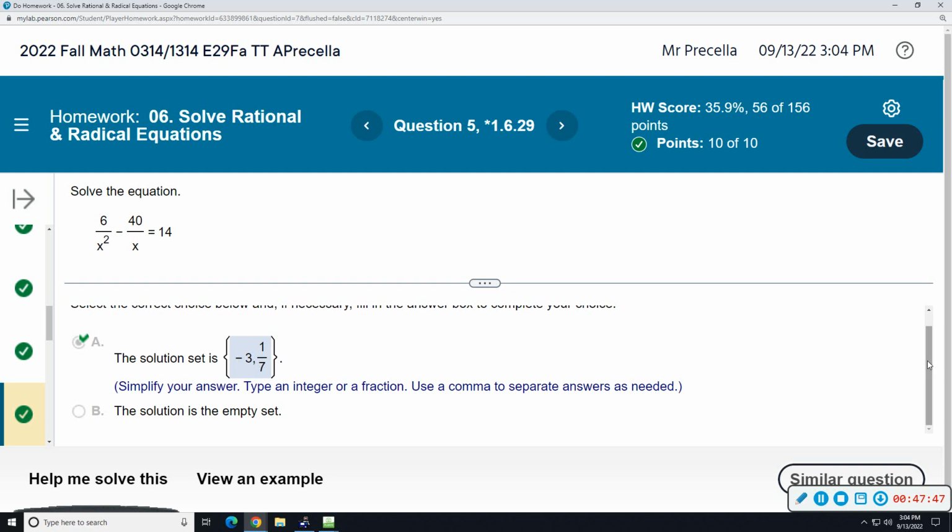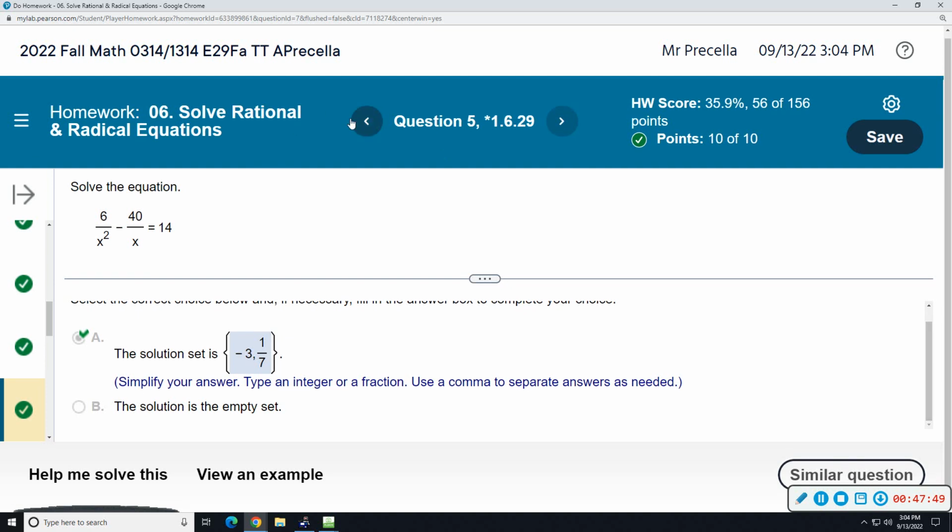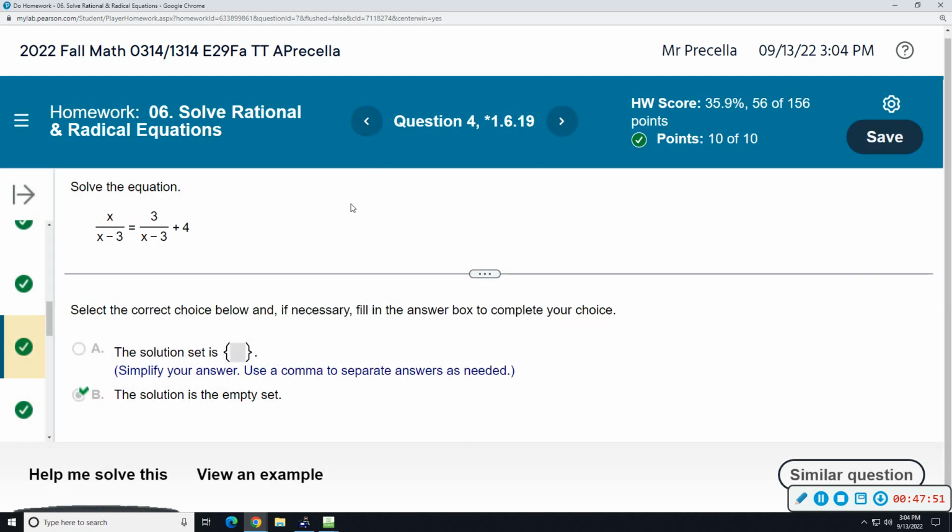The reason, go back to number 4, was it? Yes. The reason this was an empty set was because we got x equals 3 when we went through. I think everyone's number 4 will be an empty set. They've rigged these things.